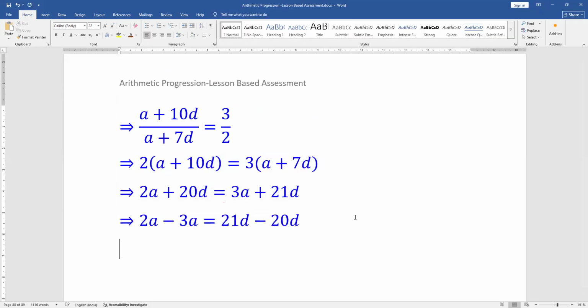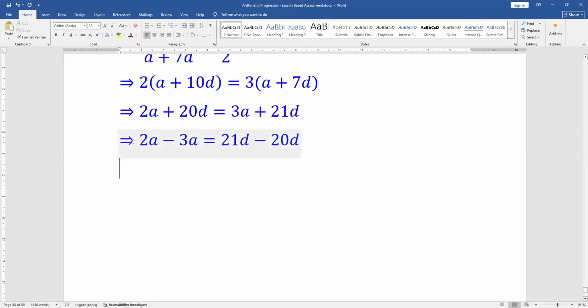Then what is 2A minus 3A? We get minus A, correct? Why minus A? Because 3 is the bigger number and its sign is minus. Equals 21D minus 20D, how much is it? It is D.